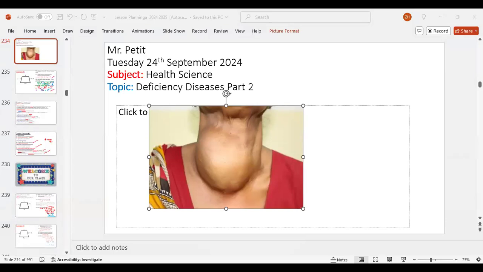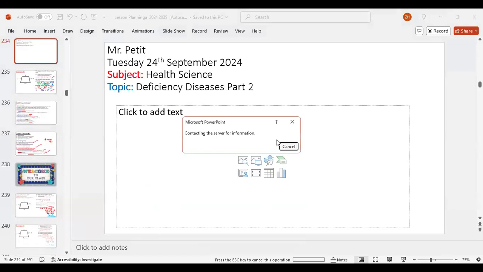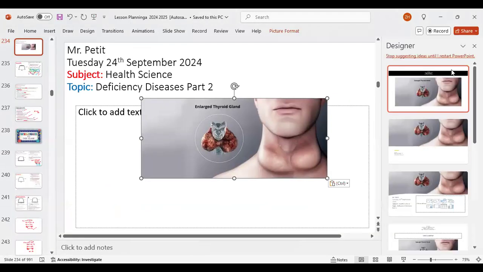Sasha, can you say what part of their body is inflamed? Thyroid. The gland in the neck. Yes, the thyroid. And like Sasha said, we call it goiter. Goiter is an enlargement of the thyroid gland, as you can see.